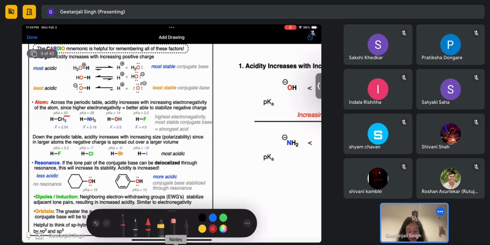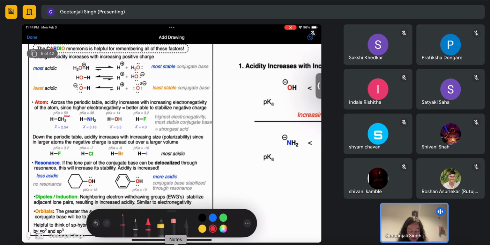As we move down along the periodic table, we see the size of the atom increases, and electronegativity decreases, so in general the acidity of the compound also increases.